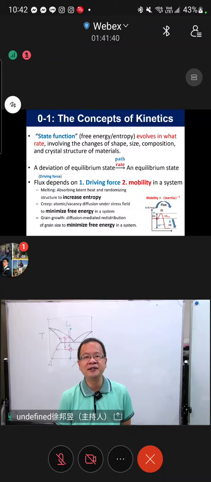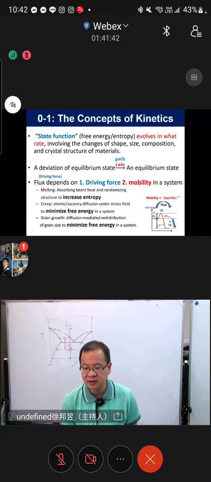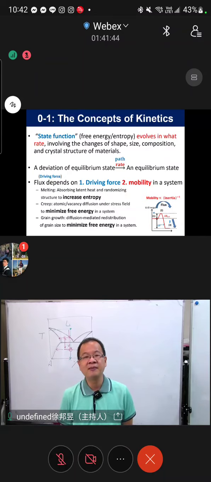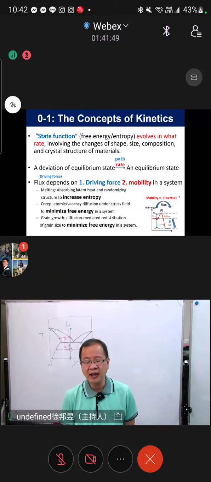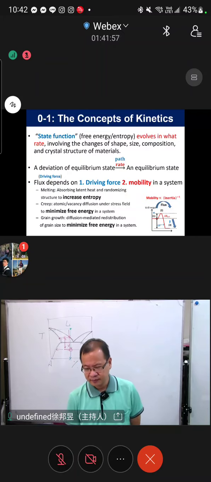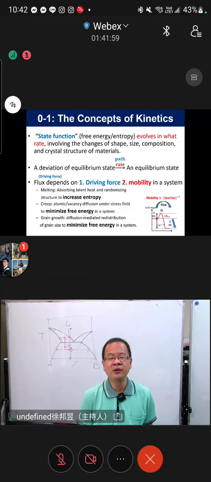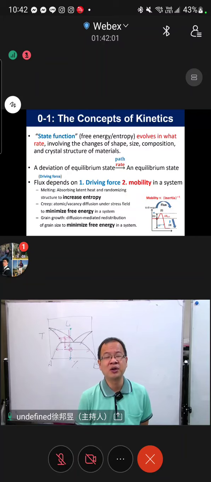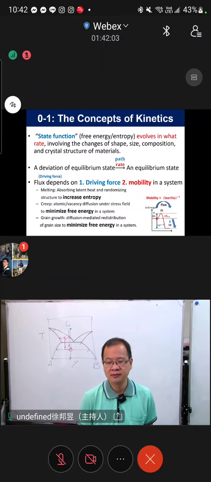State function, you have heard this in your undergrad thermodynamics. That means it's defined by thermodynamics. That means it defines the energy of the state. Inside the state, nothing can move. But now you have to learn that on the interfaces, diffusion happens, something is moving.